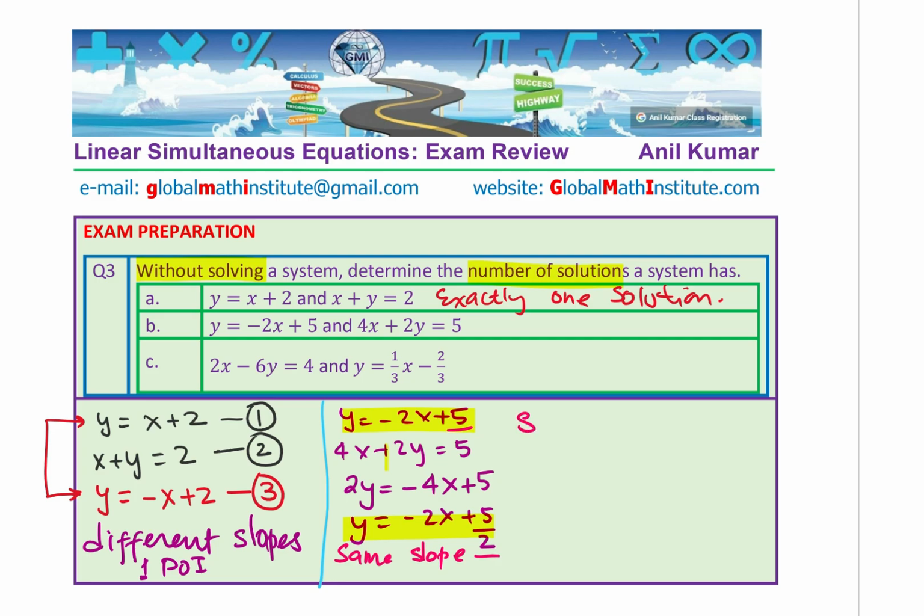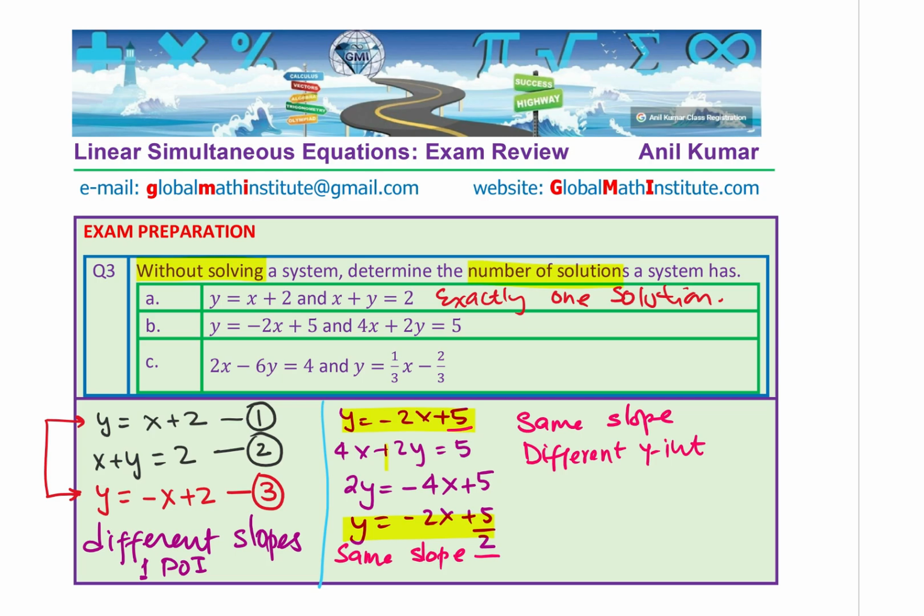So they have the same slope, different y-intercepts, right? So negative 2x is the slope.